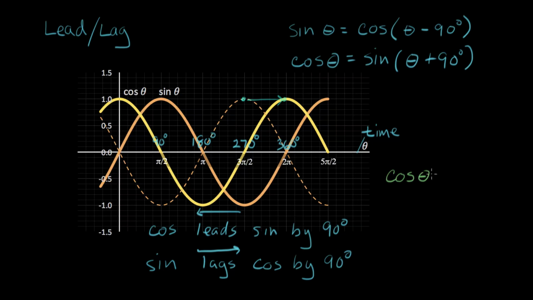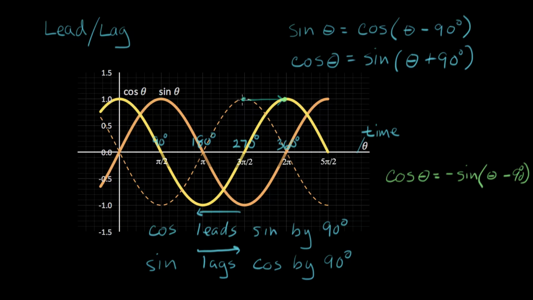Cosine of theta equals minus sine, so that's the dashed one, of theta minus 90 degrees.